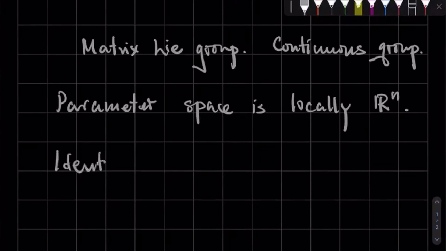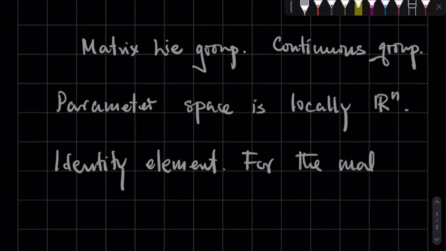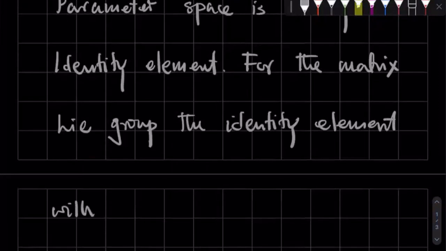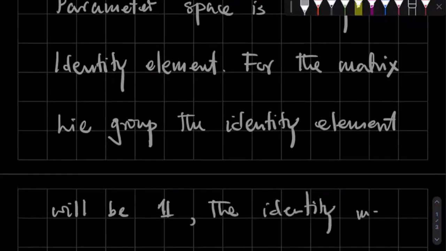And for the matrix Lie groups, the identity element will just be the identity matrix, because for us, the matrix multiplication is the group multiplication.